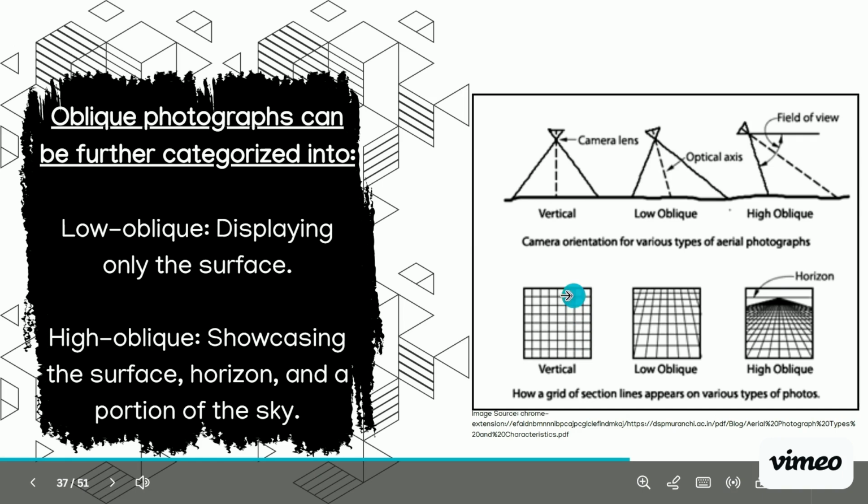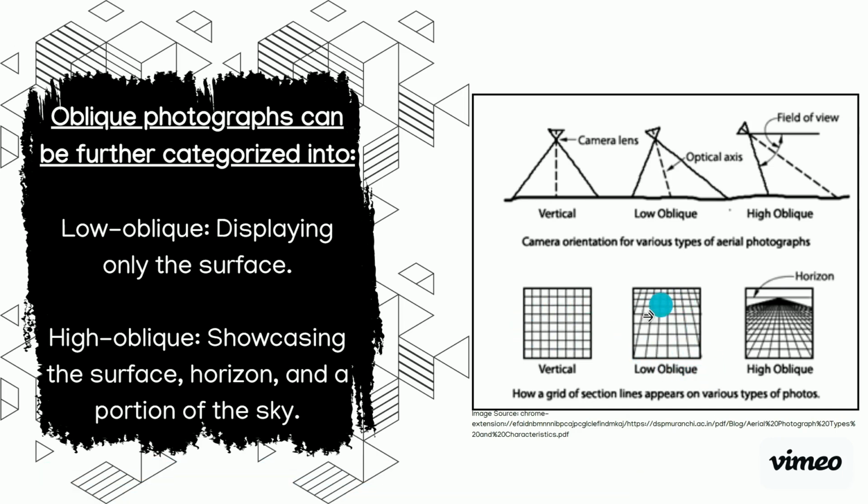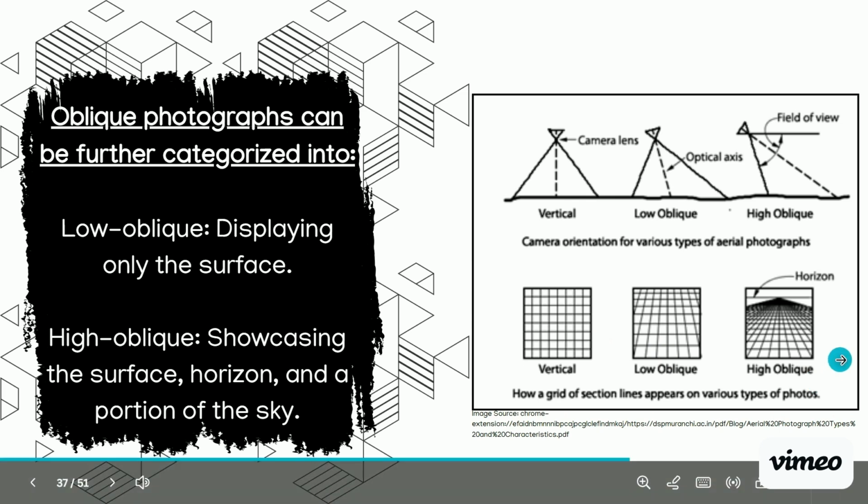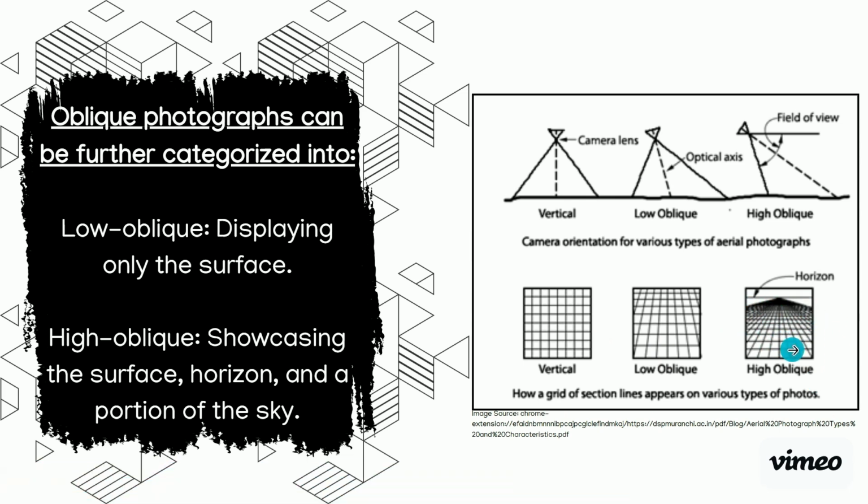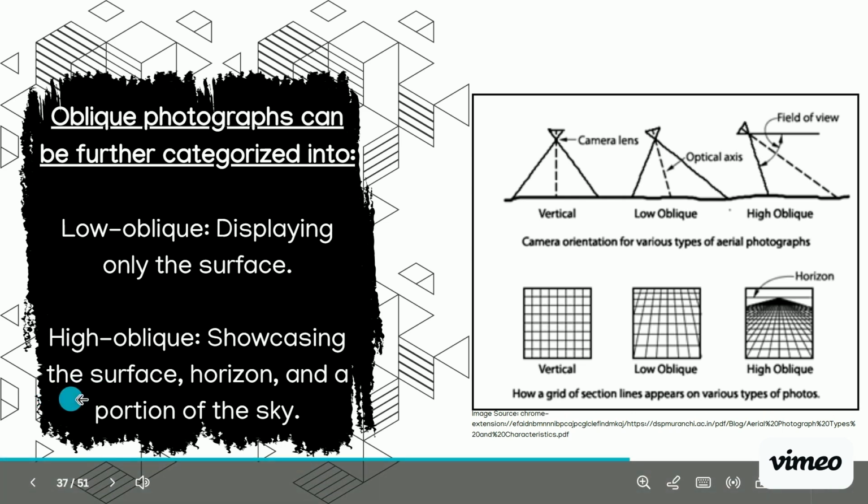So vertical, your map will look like this. When you have a low oblique, this is the angle that you will see, and high oblique, you can see the horizon, and it's at a bigger angle. So your low oblique displays only the surface, but your high oblique showcases the surface, horizon, and a portion of the sky.